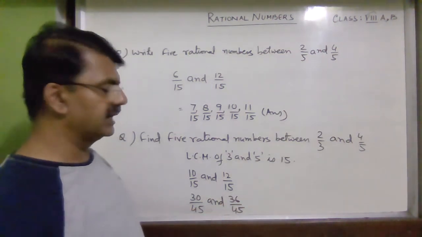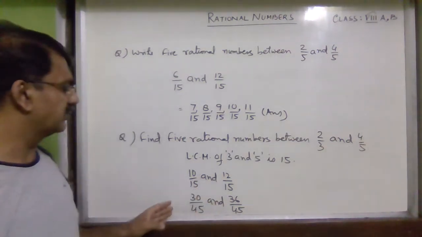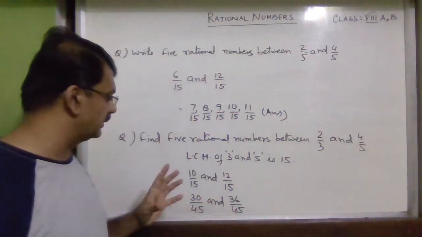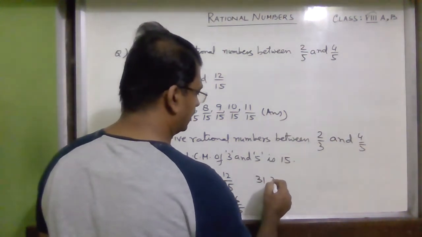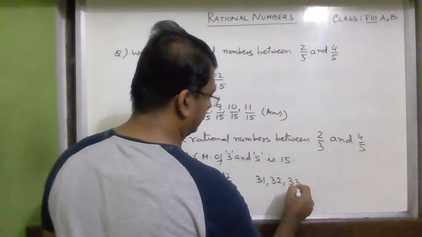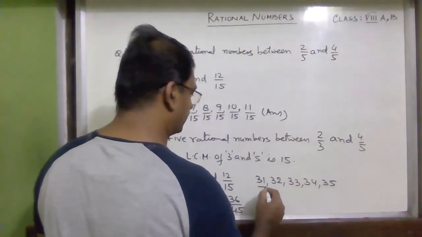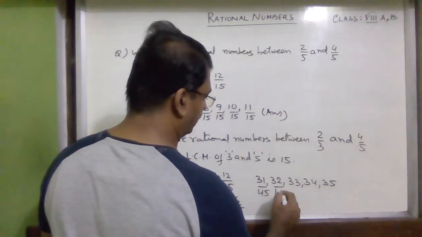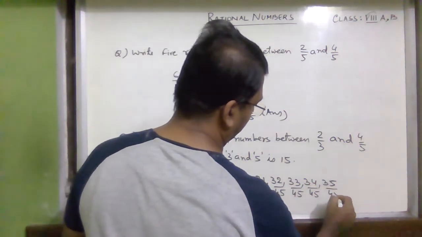Now again, still you can see that denominators in both the fractions are same, 45. 30 and 36. You have to write 5 numbers between 30 and 36. So it is 31, 32, 33, 34, 35. And in the denominator you write 45, 45, 45, 45, 45.